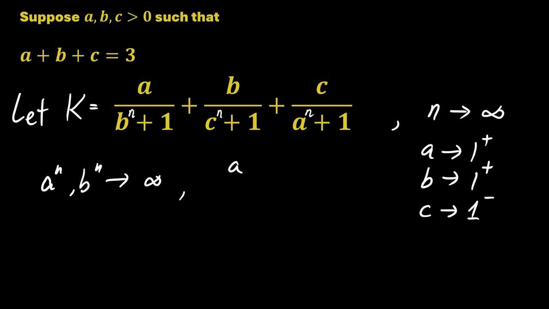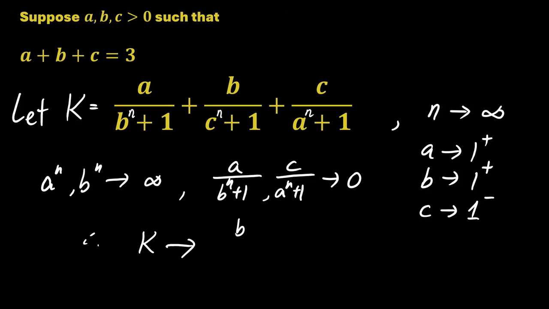In this case, a over b to the power n plus 1 and c over a to the power n plus 1 must be a very small number. And therefore, in this case, k is about b over c to the power n plus 1. And since c is less than 1, c to the power of n will go to 0. So this one is about b. And obviously, b is less than 3 over 2.